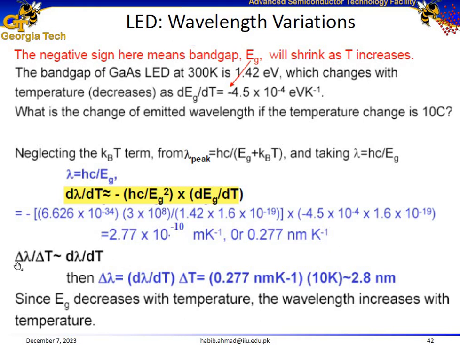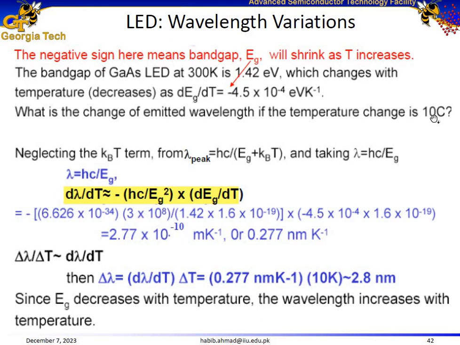For small changes, we can say that delta lambda divided by delta T is approximately equal to the derivative of lambda with respect to temperature. Putting in values, we already know d lambda divided by dT, and the change in temperature in this example is given as 10 degrees C or 10 Kelvin.